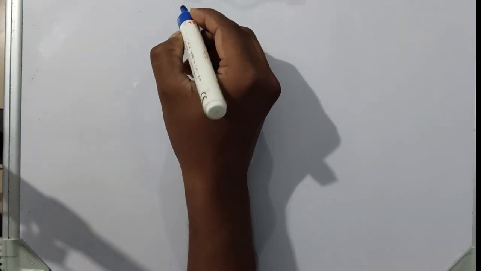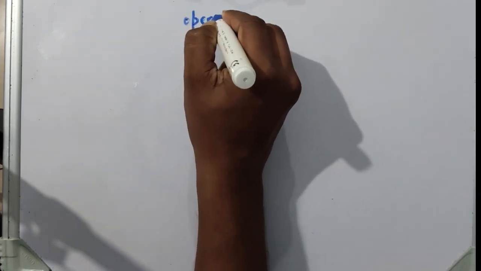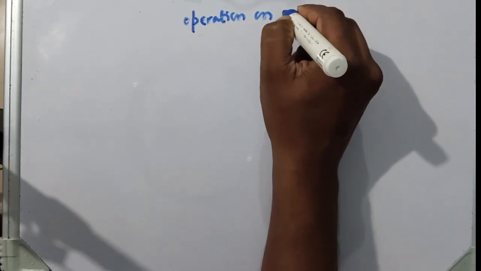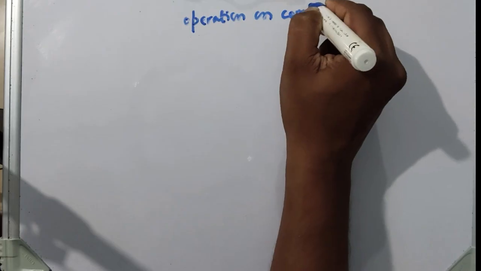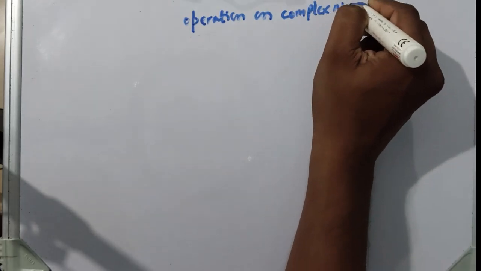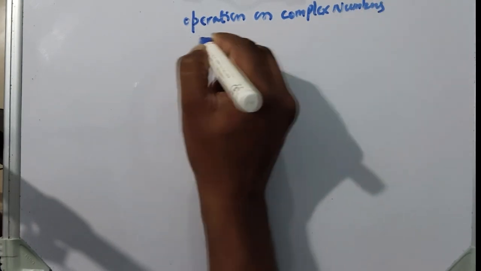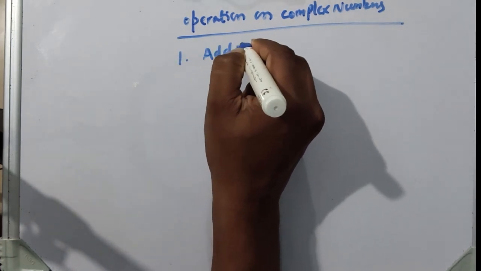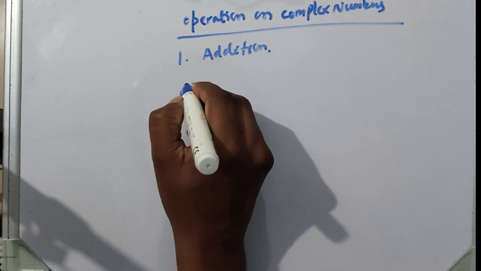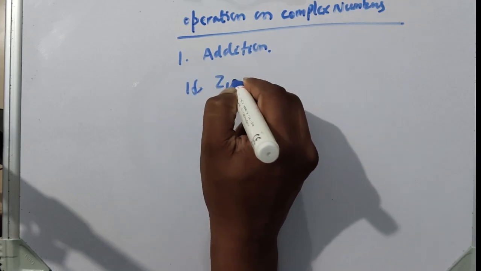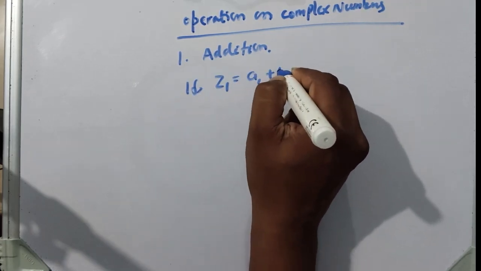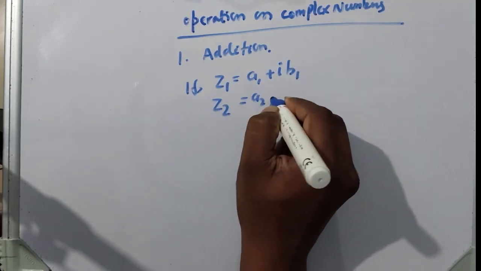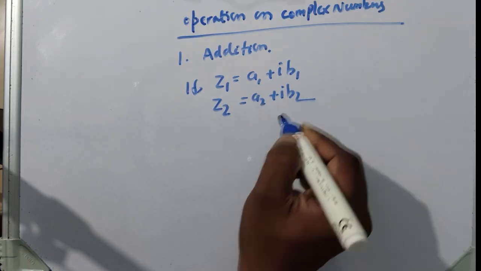Now coming to operations on complex numbers. First, addition. If z1 is a complex number represented in the form of this, and there is another complex number z2, can we add them?